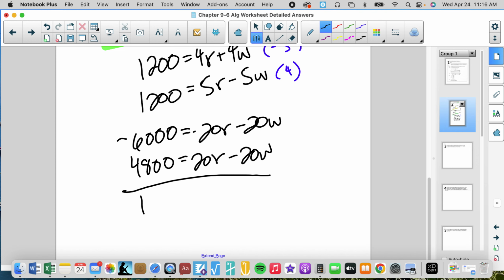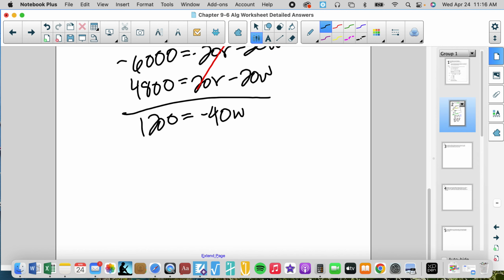That's going to give me 1200. My R's are going to cancel. I'm going to be left with -40W. Divide by -40. The zeros cancel and we get, oh, that's -1200. Sorry, it's -6,000.